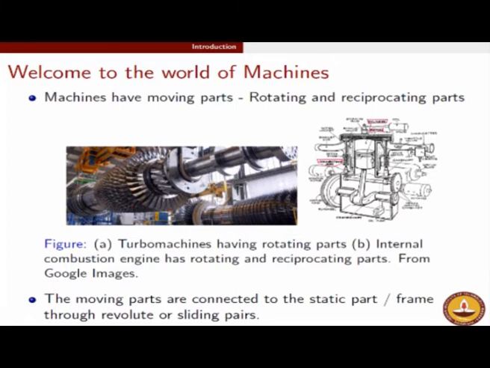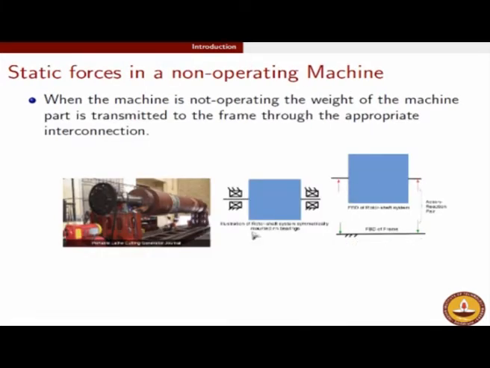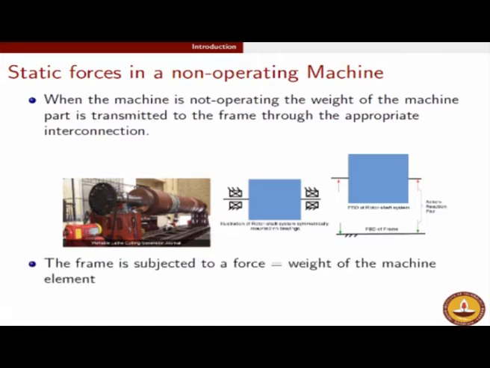When you have a rotating machinery of this sort, you just have one moving part which is this rotating shaft, and this rotating shaft gets connected to the frame through some bearing, as will be shown in the next slide. So this is a rotating machinery, not probably the same. Again, this has been taken from Google Images. So you see a rotating machinery, and this rotating machinery is connected to the static part.